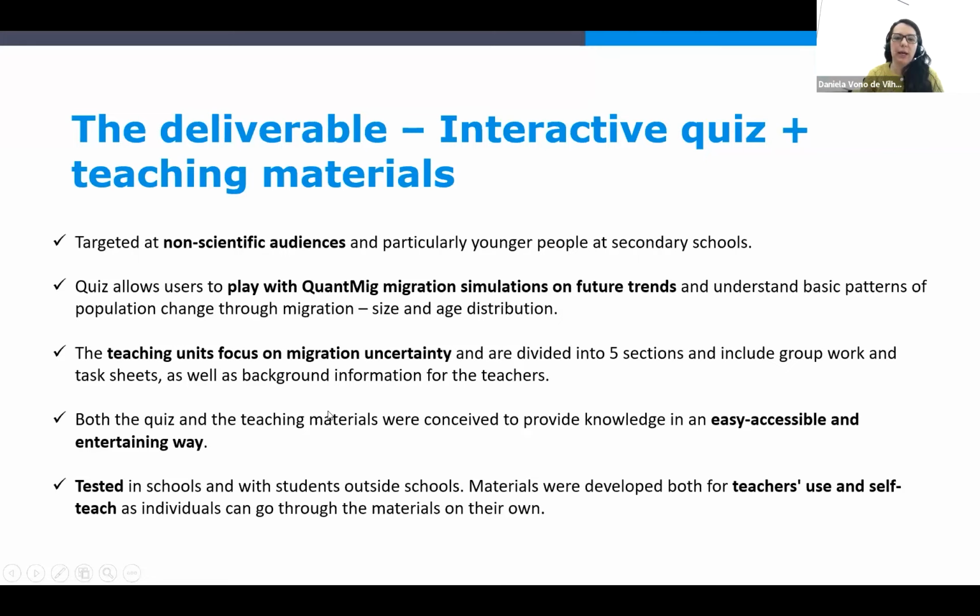Both of these deliverables were created in a way that is easy, accessible, and entertaining. And we have, of course, tested in schools and also outside schools, as the materials are developed both for teachers' use and also for self-teaching, as individuals can go through them on their own.